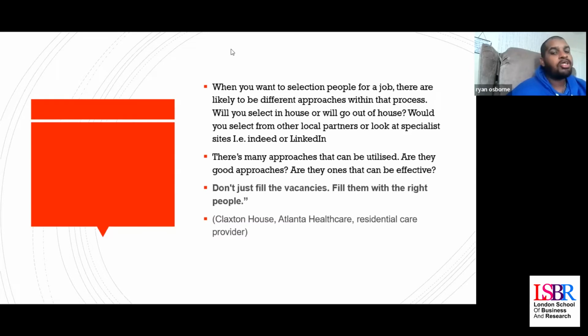Or are you going to look at local partners, or at other sites such as Indeed or LinkedIn? That's very important, because when you select people, sometimes you have to look outside and at various other places as well. You could have a wide range of people to recruit.